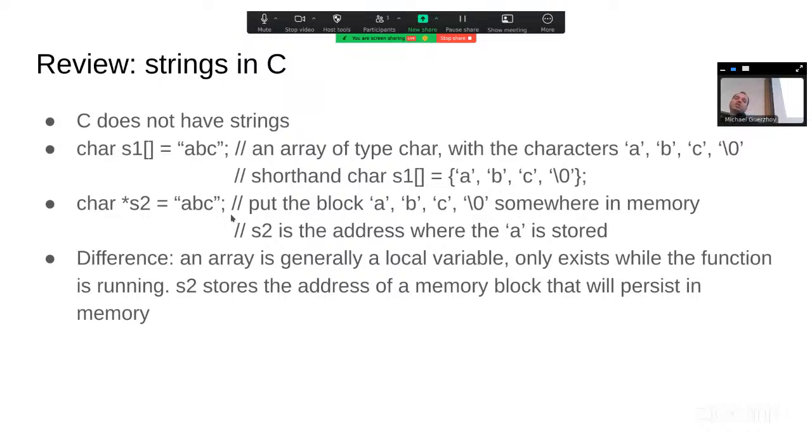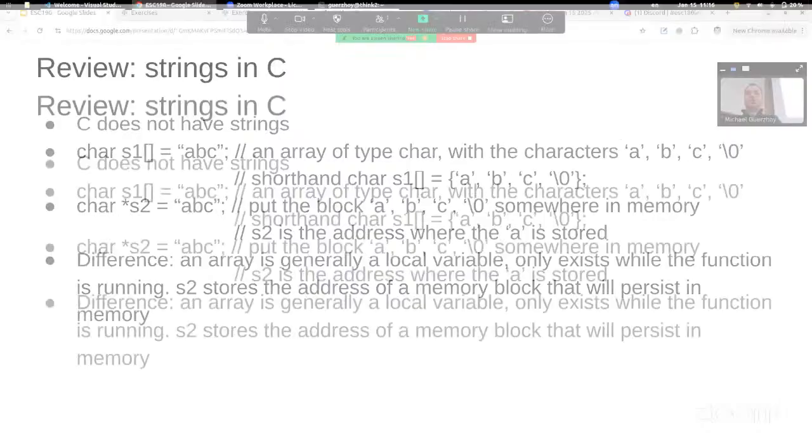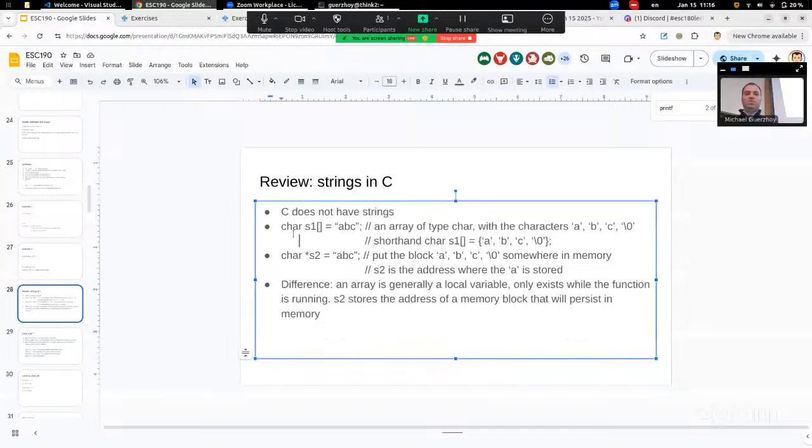The difference is that putting ABC somewhere in memory is what we do in Python. Here we're saying I have this array S1 and I want A, B, C, and null in this array. Does that make sense? So let's maybe do it in Python Tutor just to see the picture.